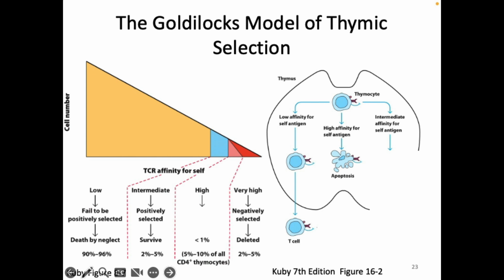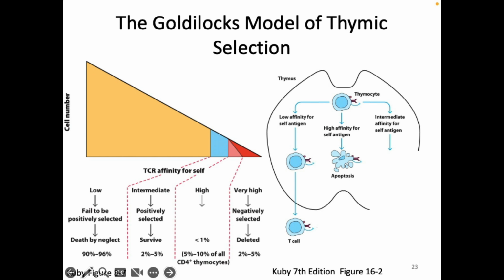If a cell gets a low amount of signal in the thymus, then that cell is useful.